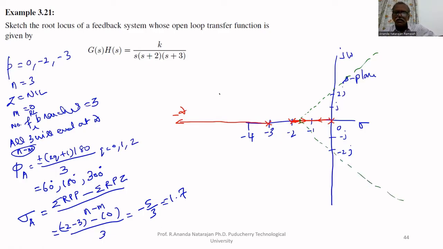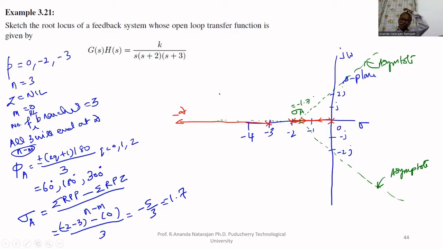That is 300 degree, 180 degree. So in 180 degree, the root locus and asymptote lie one over the other. This is asymptote. This is asymptote. This is also asymptote. Now, this is sigma A. Sigma A is equal to -1.7.